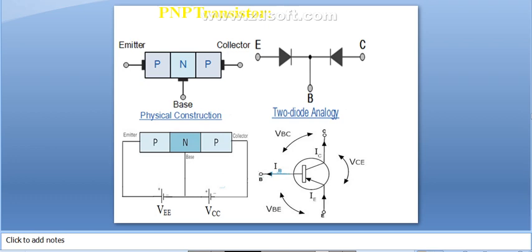Here the positive terminal is connected to P-type material, so it forms a forward bias. In the output section, the negative terminal is connected to P-type material, which forms a reverse bias.